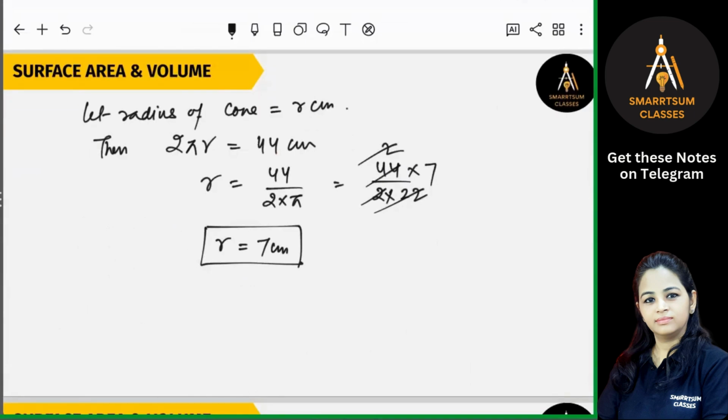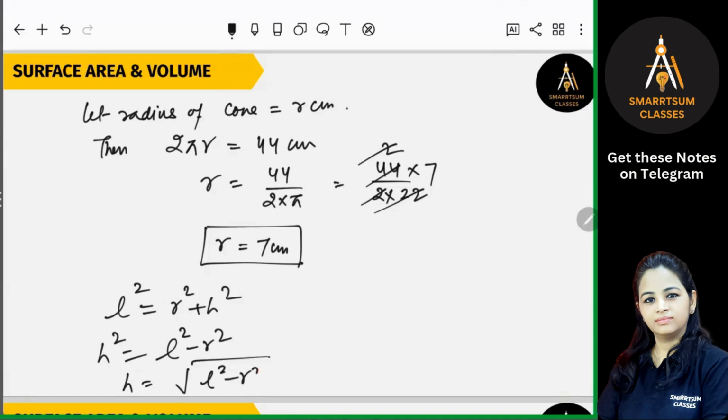As we know, slant height L is equal to square root of r square plus h square. Or in other words, L square is equal to r square plus h square. That means h square is equal to L square minus r square, or h is equal to square root of L square minus r square.